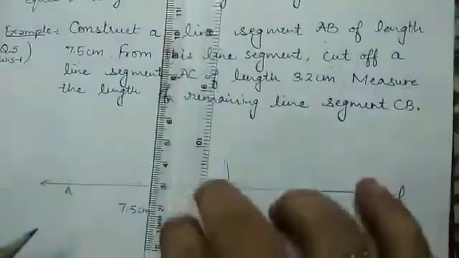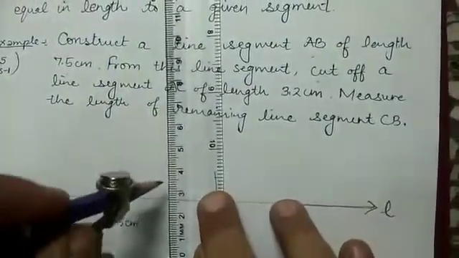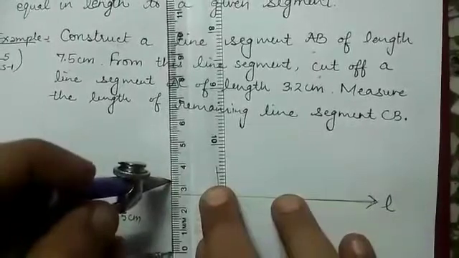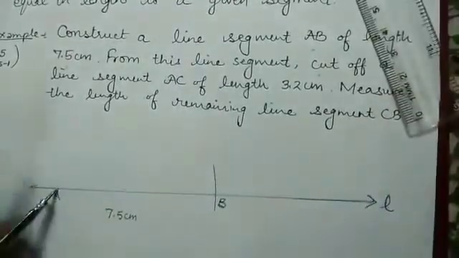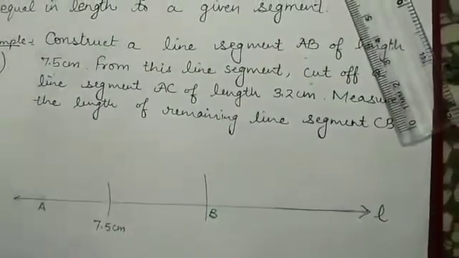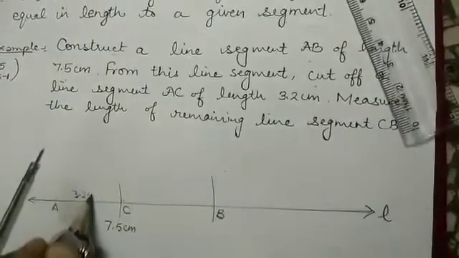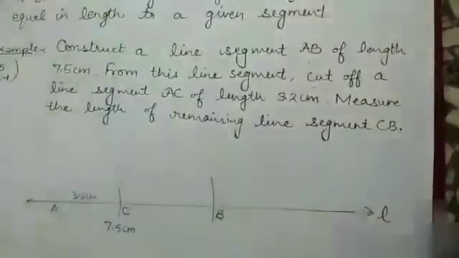Now using scale we will measure 3.2 centimeter and we will keep our compass at point A and mark an arc equal to 3.2 centimeter.